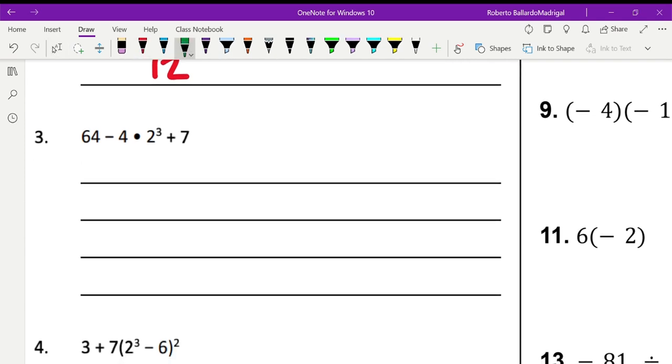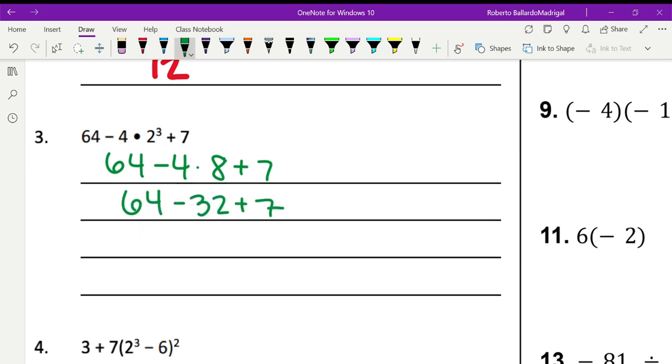All right. What about this one? Let me check in with group 2. Group 2, what's this line going to look like? Very good. So the first step is to do 2 to the third power. That is the exponent. Lila's group, next step, what is that going to look like? Multiply 4 and 8. 64 minus 32 plus 7.